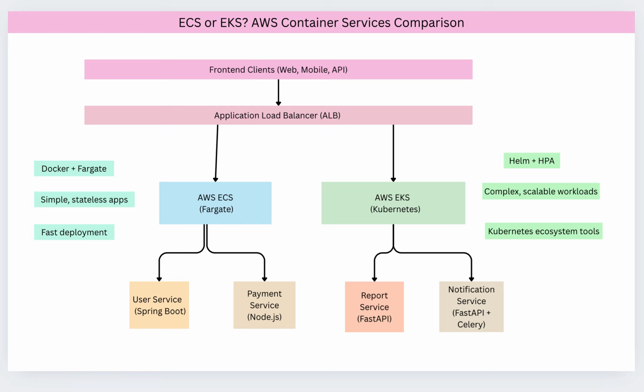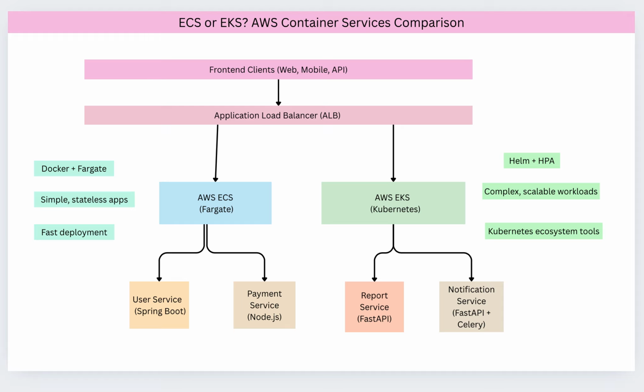In practice, here's what the ECS deployment looked like. We built Docker images for each microservice and pushed them into Amazon ECR, which is AWS's container registry.